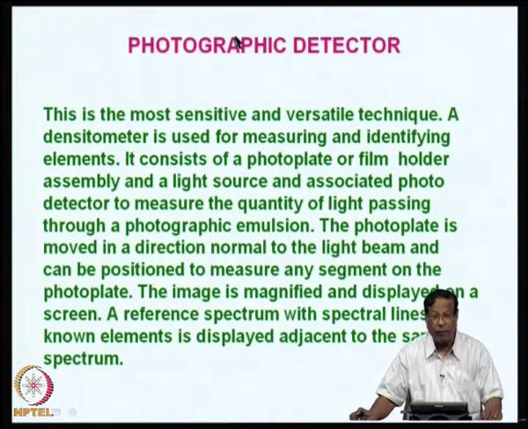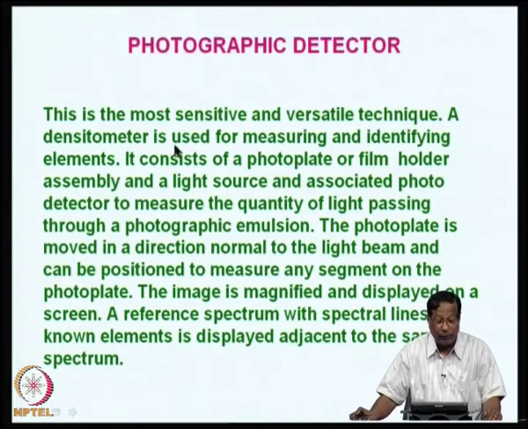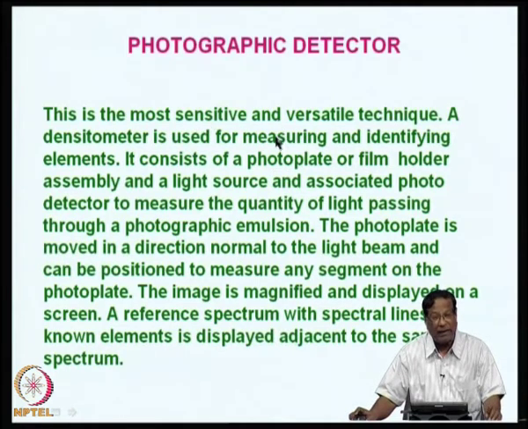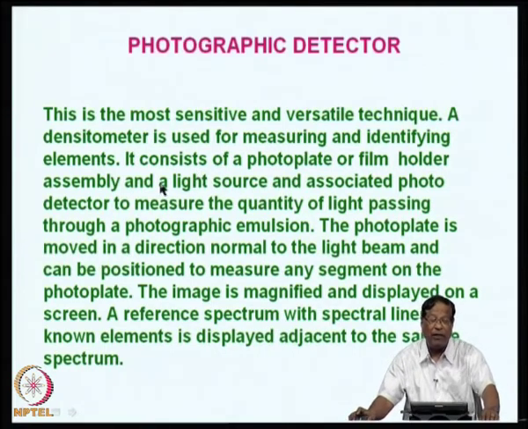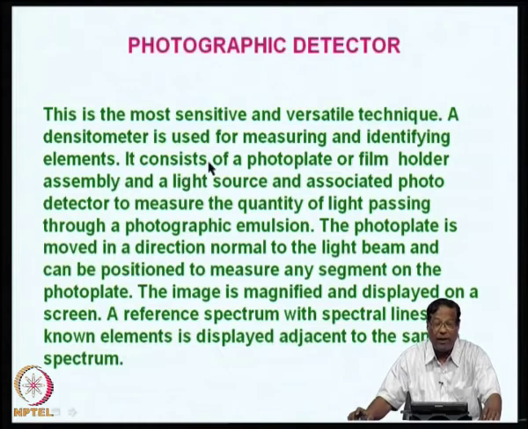And then for the record, we can have a photographic detector also, which gives you a permanent record, and this is basically the most sensitive and versatile technique. To use that, you need a densitometer for measuring and identifying the elements.